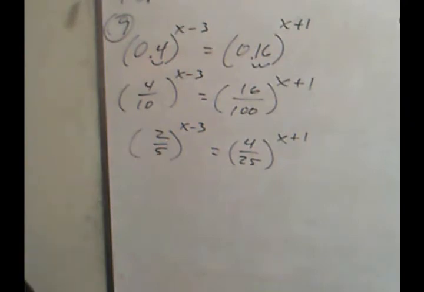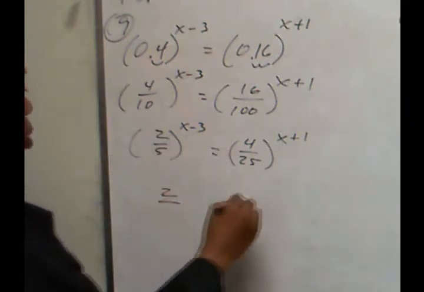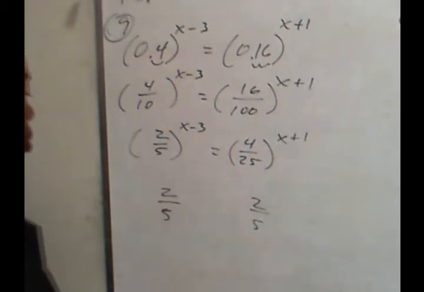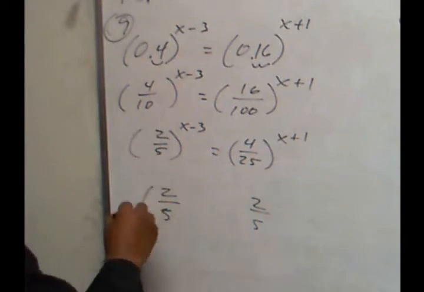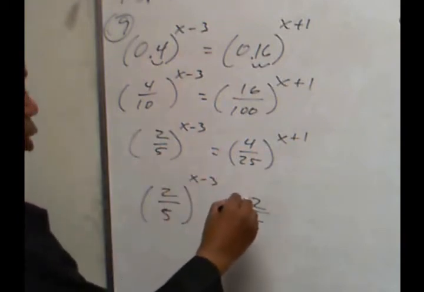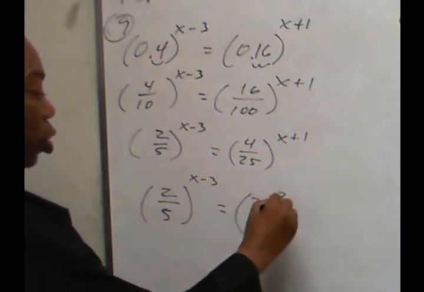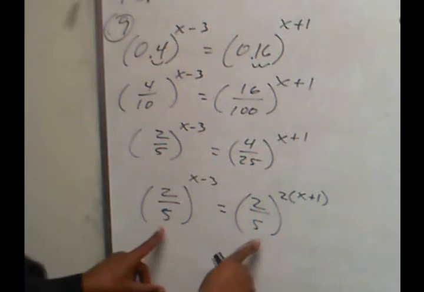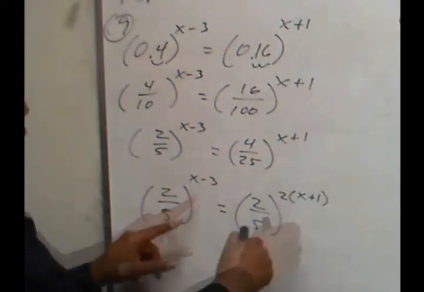Okay, the common base for 2 and 4 is 2. The common base for 5 and 25 is 5. This is still all raised to the x minus 3 power, and this gets raised to the second power times x plus 1. So now that we have common bases, we can equate the exponents.